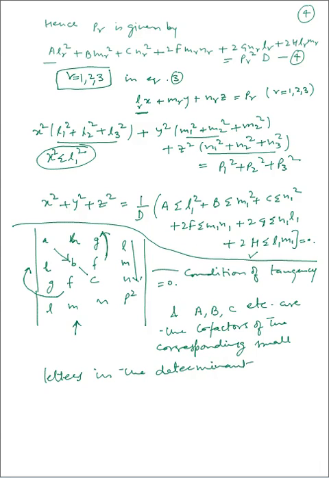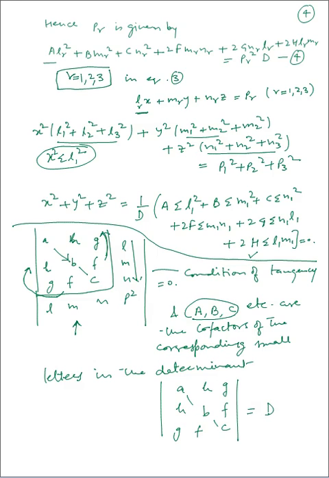This is the condition of tangency, but only this determinant, which is A, H, G, F, A, B, C, and this is equal to D, you can say. So in this, these are the cofactors of the corresponding small letters in this determinant. This is the condition of tangency. So please just remember what we have taken here.